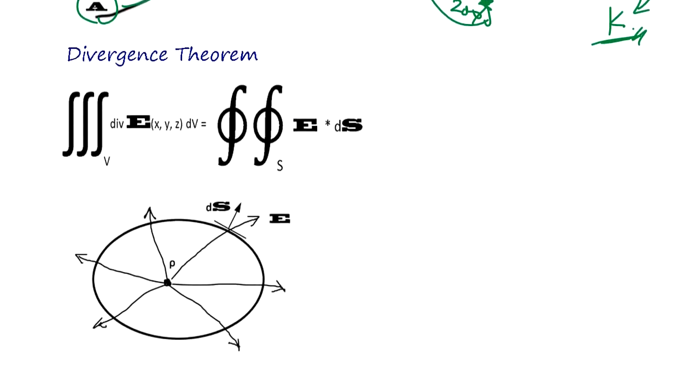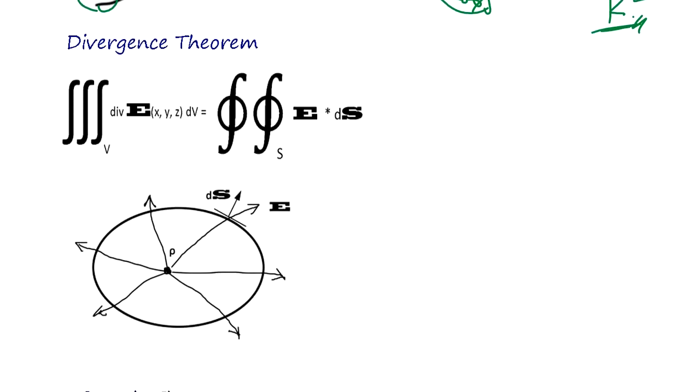Next one is the divergence theorem. Do you remember in video 2 I mentioned that the divergence of a vector, here E, shows the increase in flux?